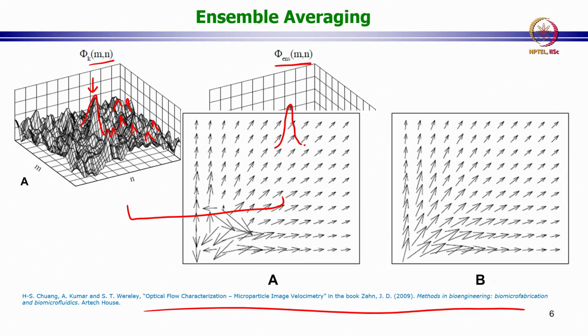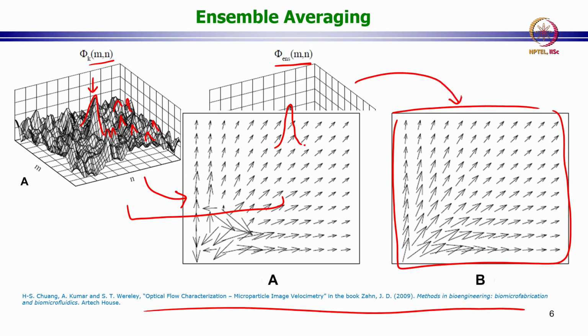So for example, this velocity field is gotten from the correlation calculation on the left, whereas this velocity diagram is a result of the ensemble averaged correlation. So you can see here there are a lot of spurious vectors, right?